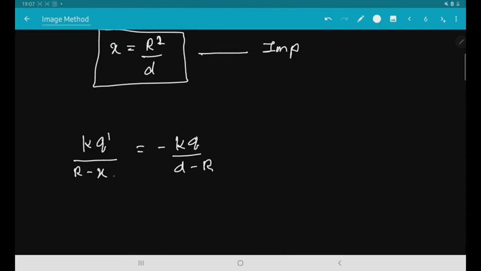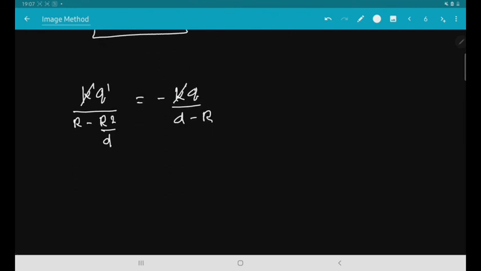Instead of x, let us put here r square by d. K we can cancel. So here we will have q dash. Let us take this r common. We'll have 1 minus r by d is equal to minus q. Here we will have d minus r.